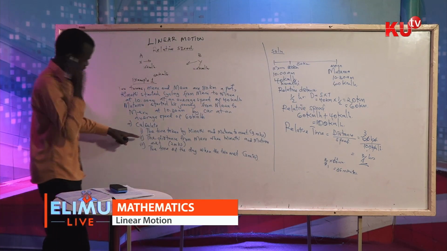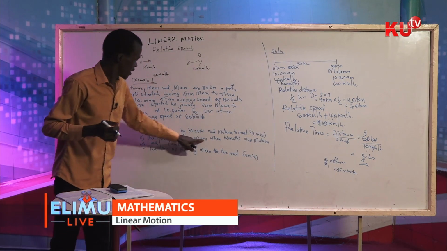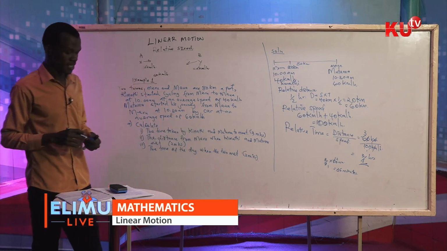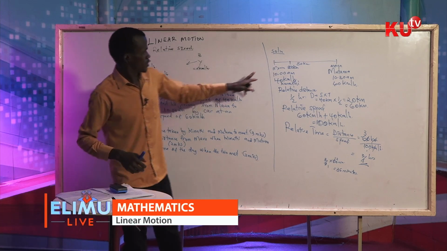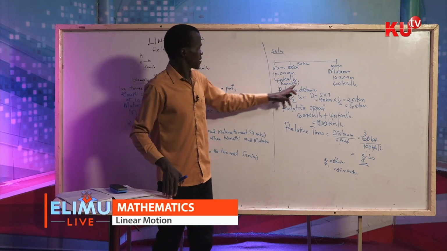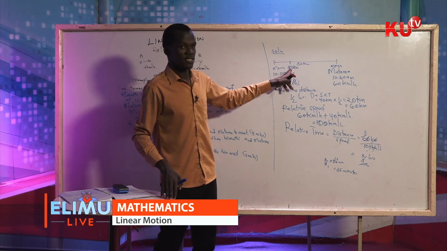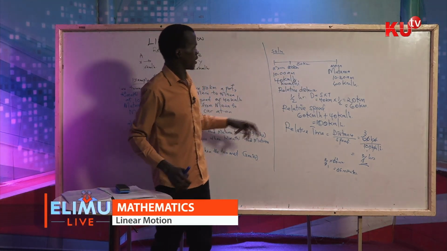Now, part 2 of the question, the distance from Meru when Kimathi and Mutuma met. Now remember, Kimathi had covered 20 kilometers before Mutuma left Maua.